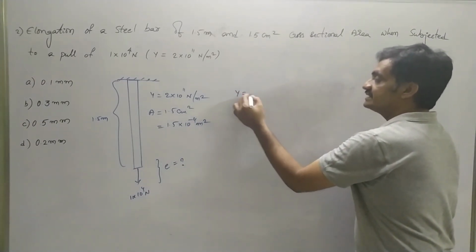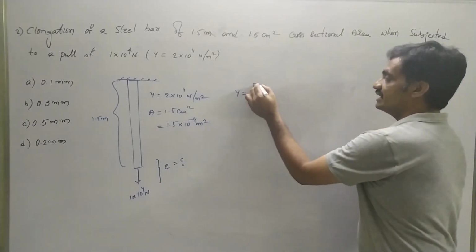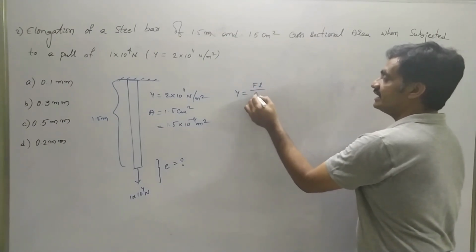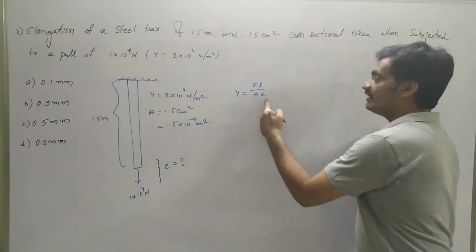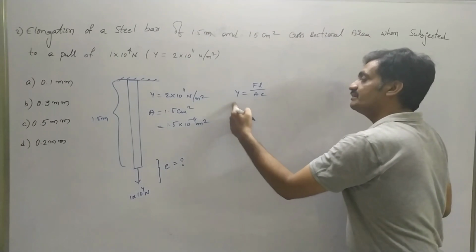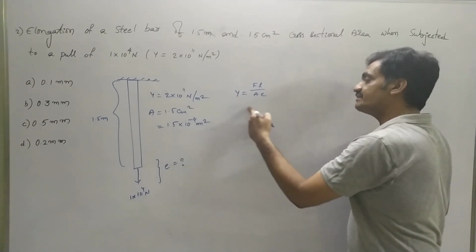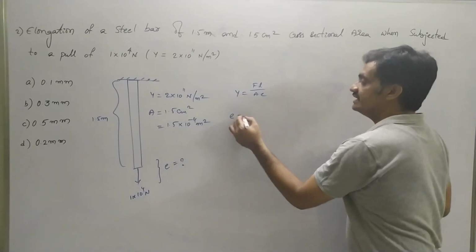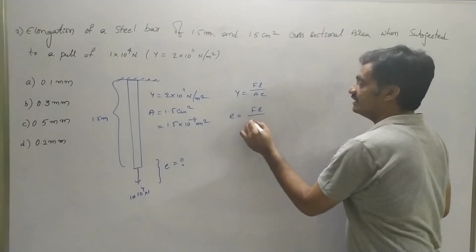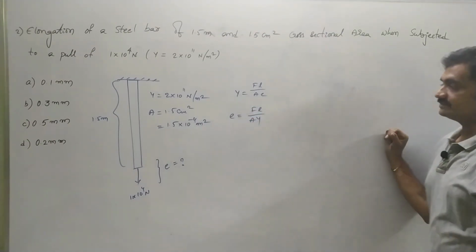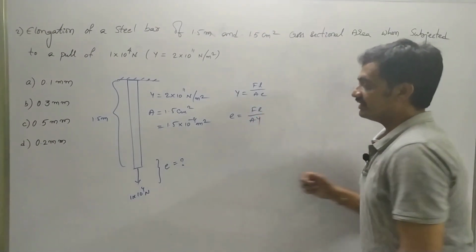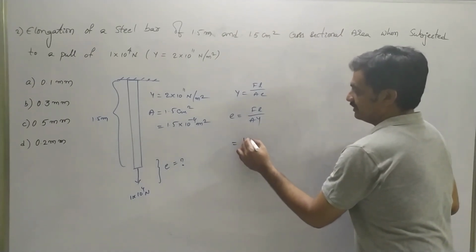Young's modulus is given as Y is equal to FL by AE. Now we have to find the value of E. So we are going to bring this E towards this side and bring this Y towards this side. Then E is equal to FL by AY.